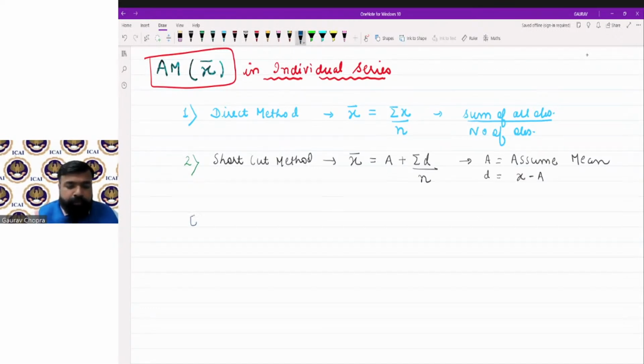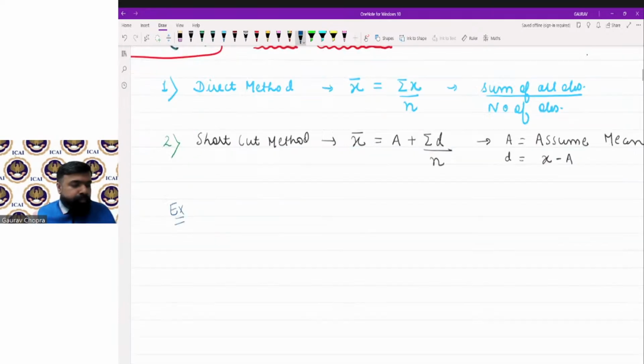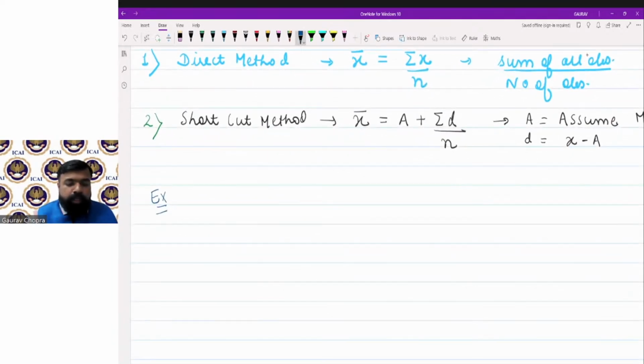Yes, so let's take one example. If we have X, that is the observations, 2, 4, 6, 8, and then 20. This is the series. According to the direct method, what we have to do is add all the observations first. So let us add all of them and find the total. The total is 40.